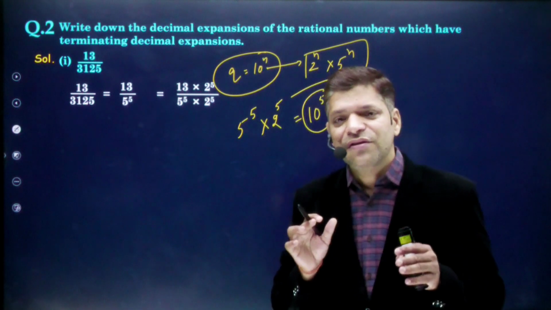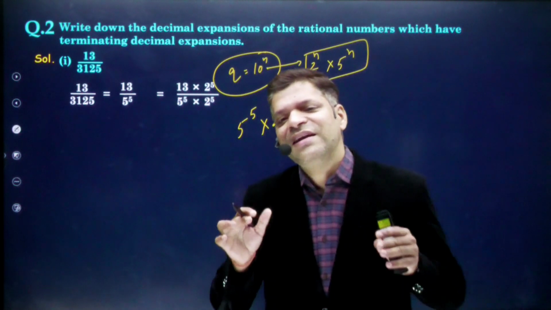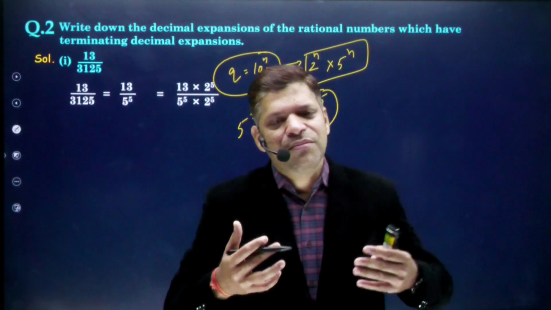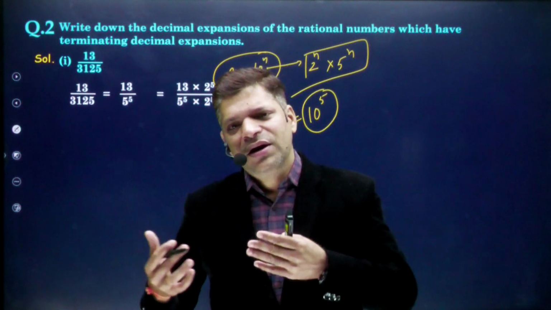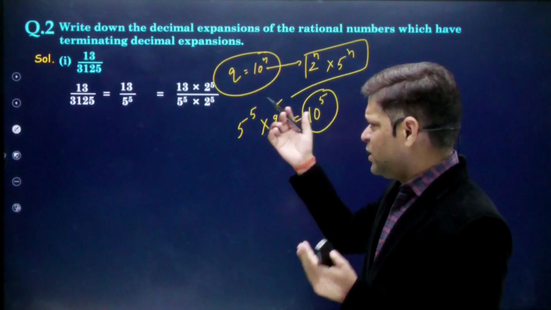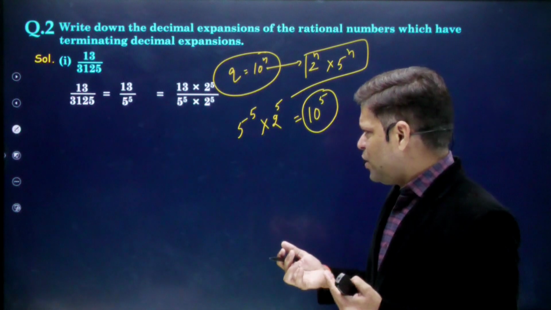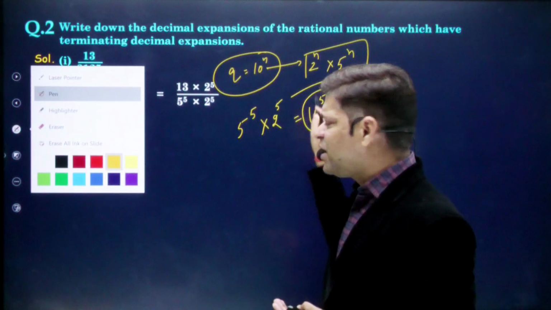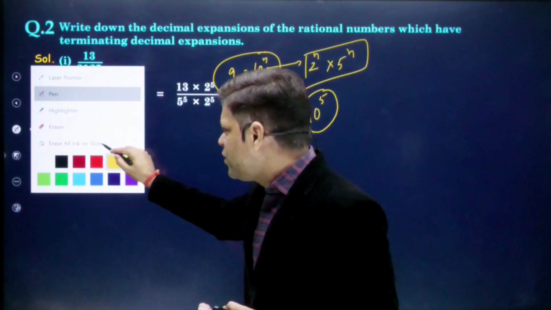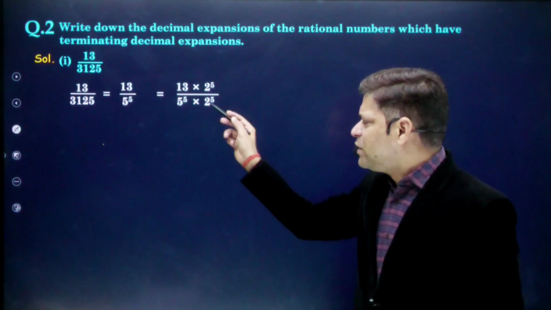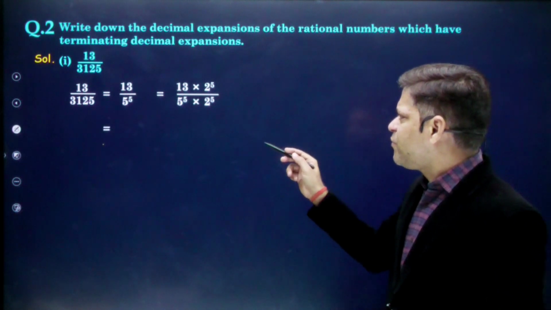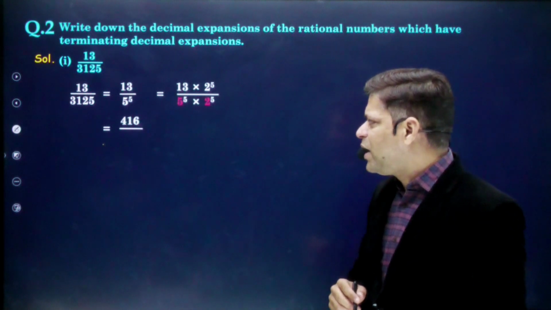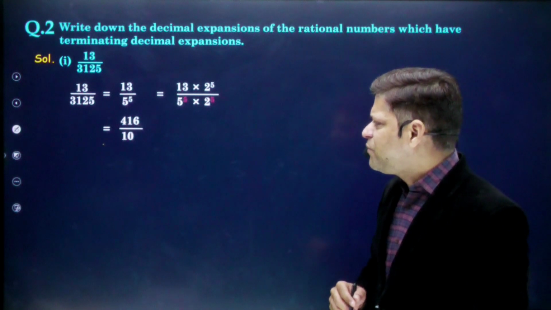Okay, so first you should understand this concept, that is how we change a rational number into a terminating decimal expansion. Now, 13 into 2 raised to the power 5 will be 416, divided by 10 raised to the power 5.